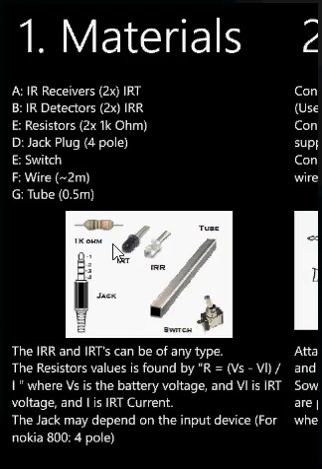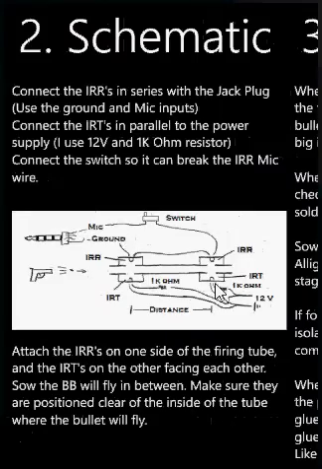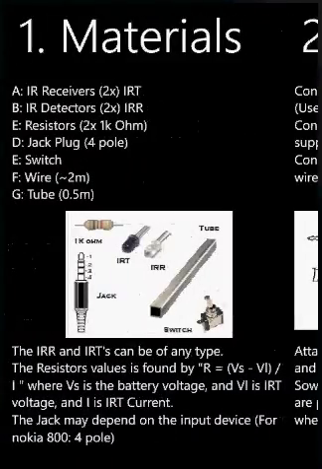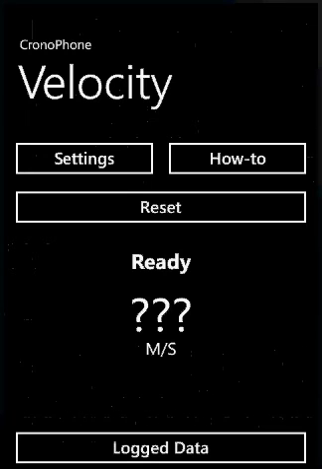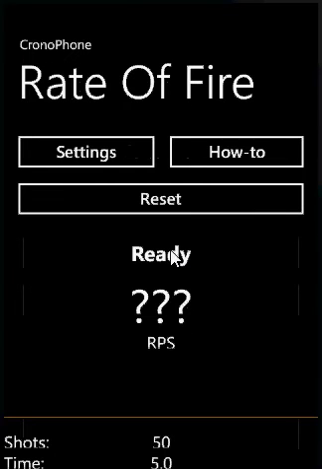It describes how to make the hardware needed, where you wire all this up, and you can build your own velocity gauge and use this app to get the calculated values. The rate of fire is another app. It uses the microphone to calculate the rate of fire.